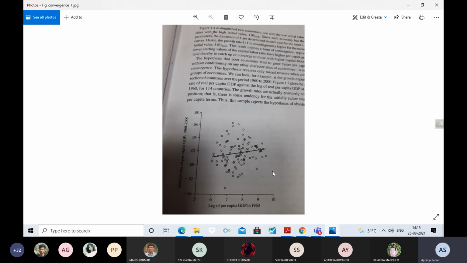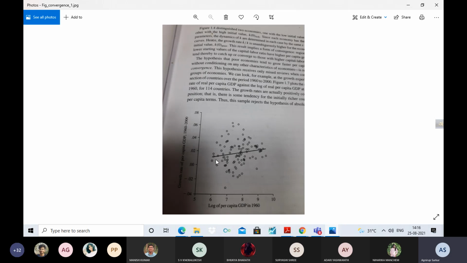It's pretty comprehensive data. The growth rates are actually positively correlated, as you would find: a slight upward slope, a positive slope in the trend line, the best fit line through the scatter. So the growth rates are positively correlated with the initial position.